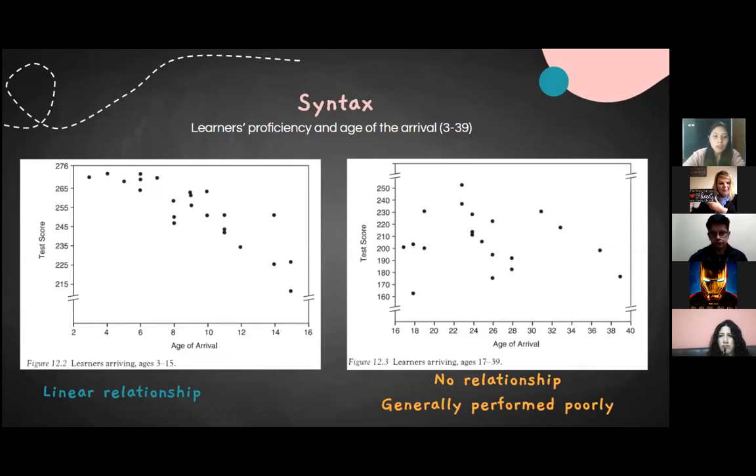As you can see in the first image, young learners, generally children, demonstrate that syntactic knowledge was linearly related to age of arrival. But in the case of older learners, ages 17 to 39, there was no relationship and they generally performed poorly.